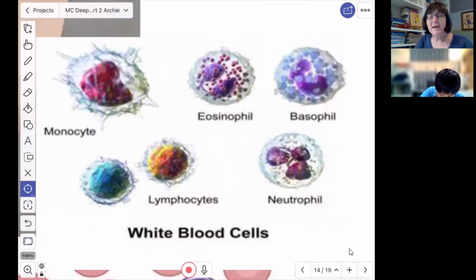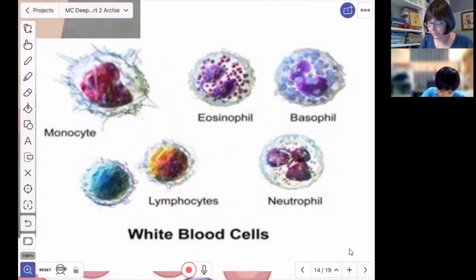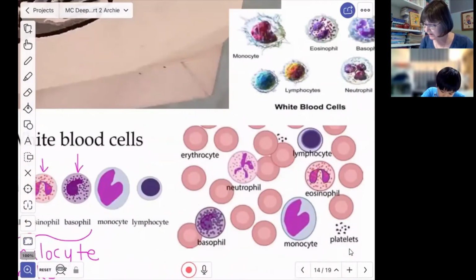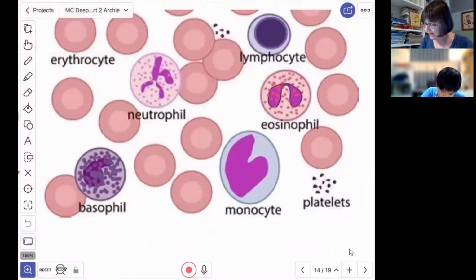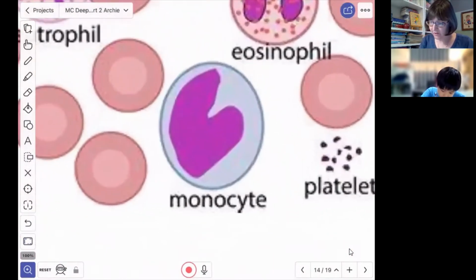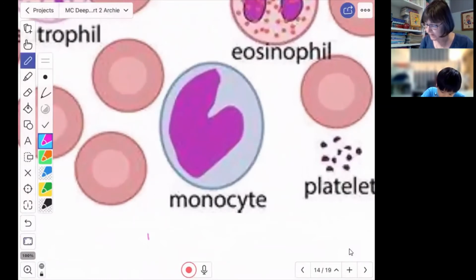I believe there's at least 2 kinds of lymphocyte, the B lymphocyte and the T lymphocyte. And I think those are sometimes just called the B cell and the T cell, and they are types of lymphocytes. What the monocyte is known for, the monocyte, I think here, is also known as the macrophage.